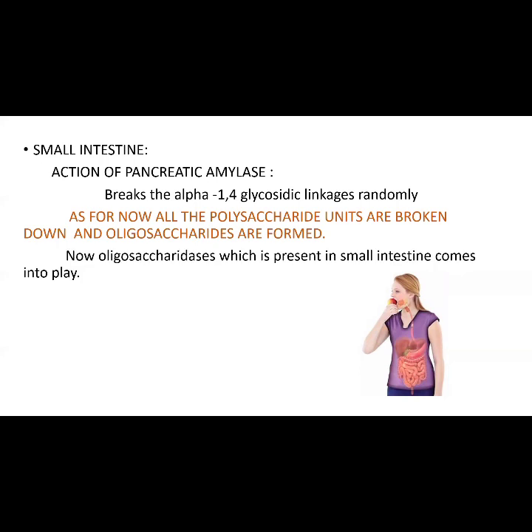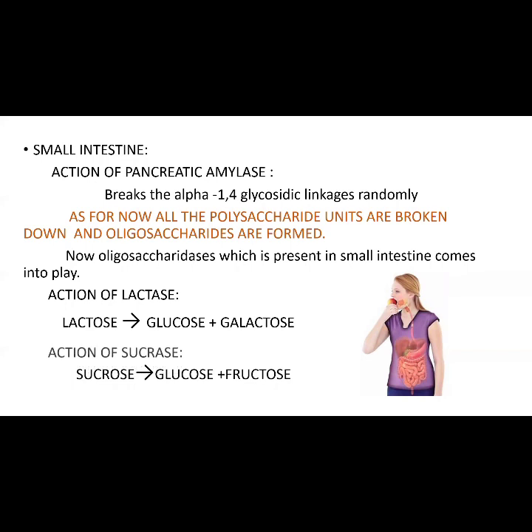For example, lactase will produce glucose plus galactose, and sucrase will produce glucose plus fructose. Maltase will produce glucose plus glucose, and so on. Trehalase will produce 2 molecules of glucose. These enzymes are present in the intestinal juice, succus entericus. Here is where we complete the digestion of carbohydrate, as all polysaccharide and oligosaccharide molecules are converted into monosaccharides.